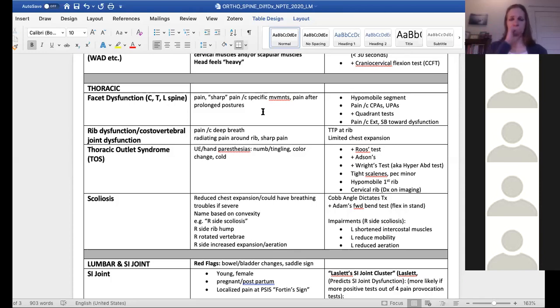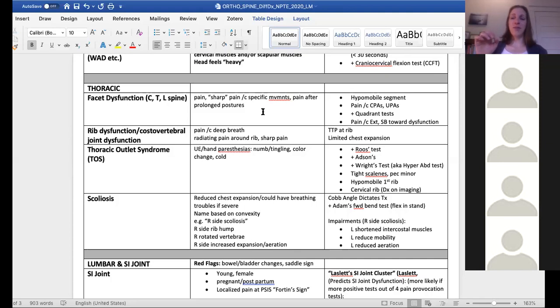So, excuse me, some things that we can do to differentiate between a facet dysfunction and a rib dysfunction are pain patterns and our findings on our objective exam. So localizing the patient's pain to a certain area. Again, palpation, we don't want to hang our hat on palpation. Palpation is just one of many clinical findings, but if we are having pain and tenderness with palpating at the facet joint, that's going to more likely indicate facet.